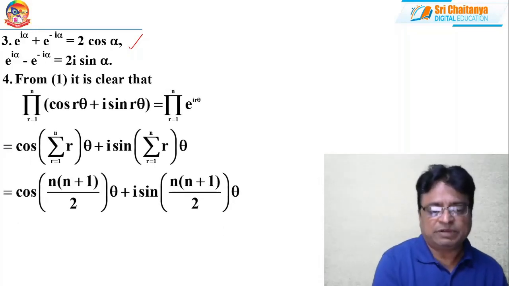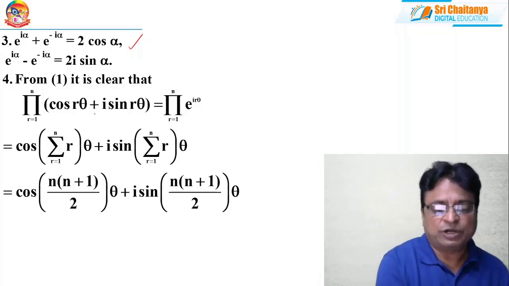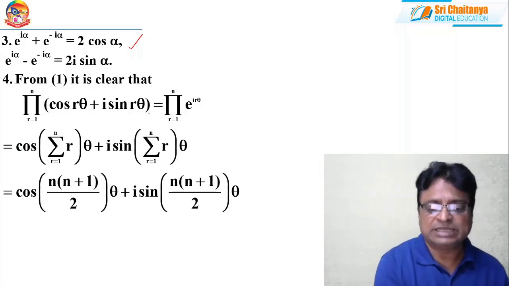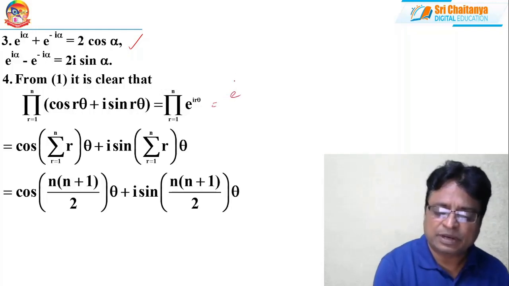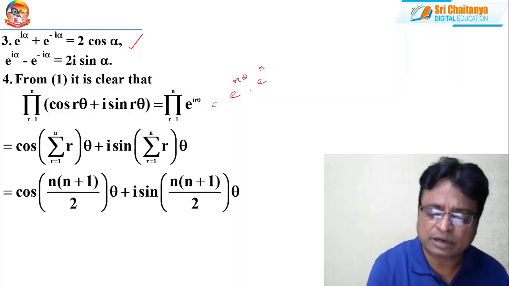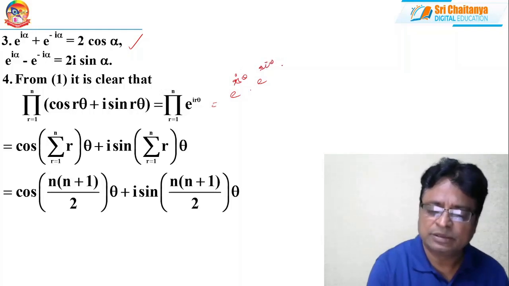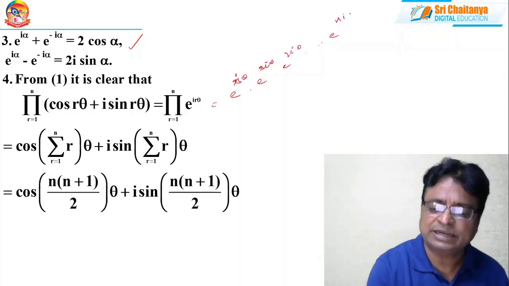From equation 1, pi means a product. Product for r equal to 1 to n of (cos r theta plus i sin r theta) is equal to product for r equal to 1 to n of e power i r theta. That means e power i theta into e power 2i theta, e power 3i theta, and so on, up to e power ni theta.